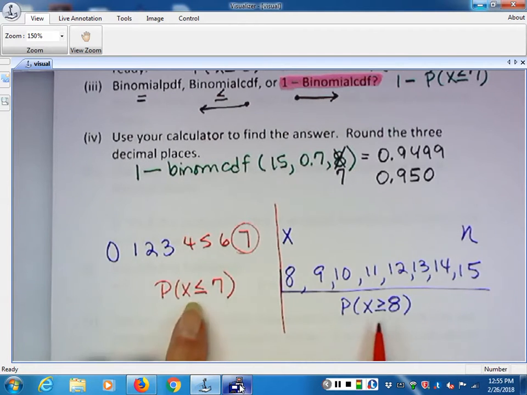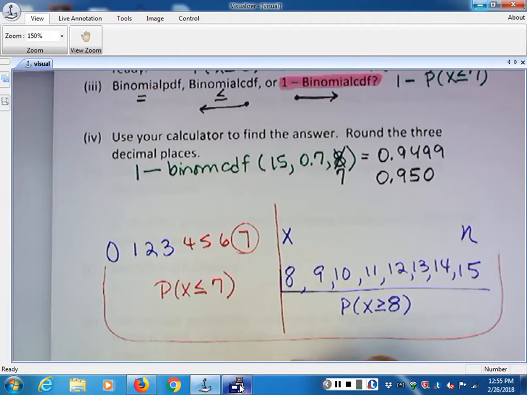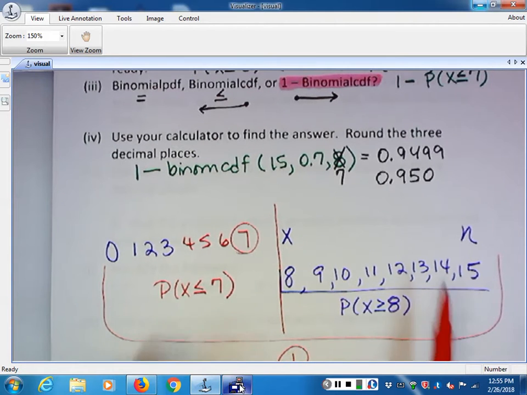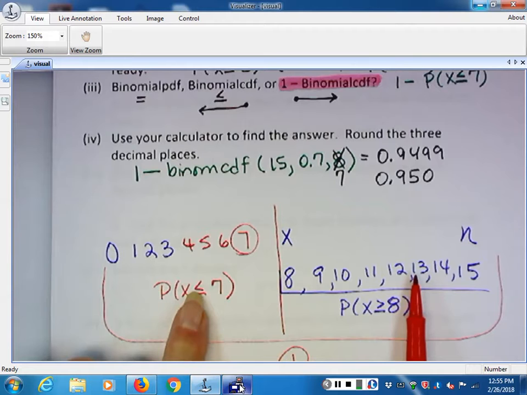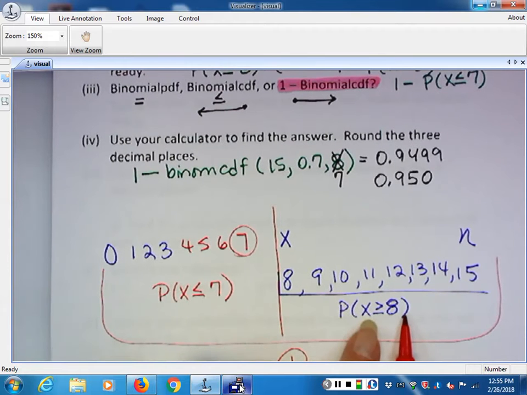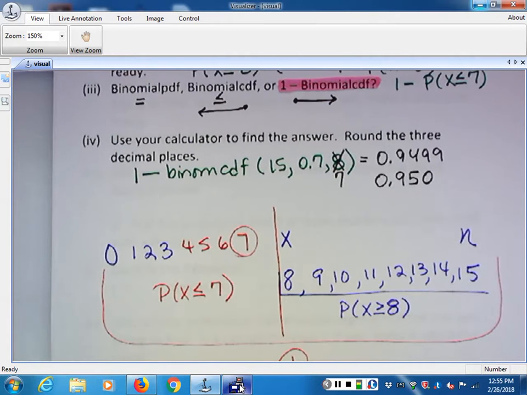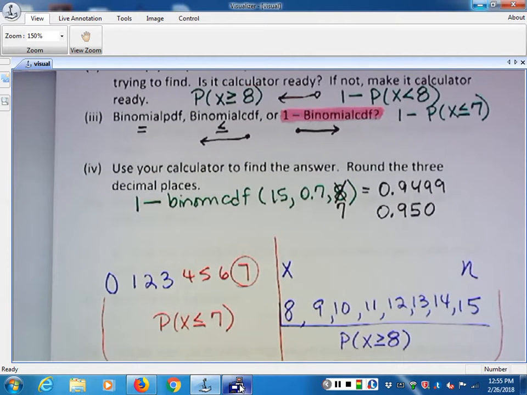So those two are complements of each other. The probability for the whole thing is 1. So there's this part of the probability and this part, and these two have to add up to 1. If you're going to include 8 here, you have to include 7 on the complement, not 8. 8 can't be counted in both places, okay? So that's why we did this.